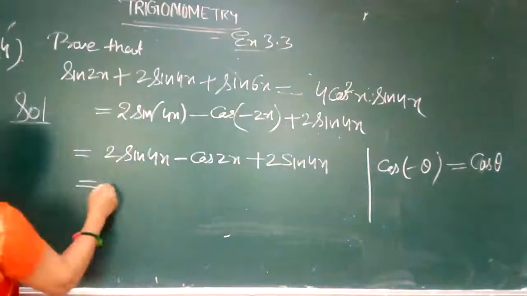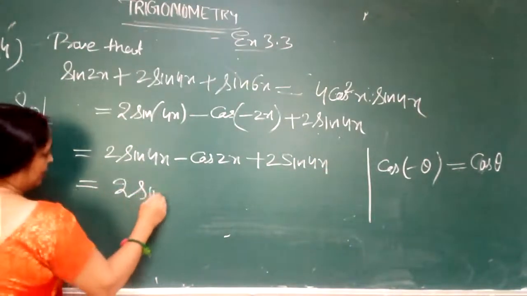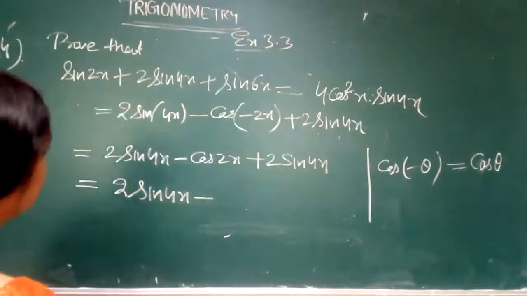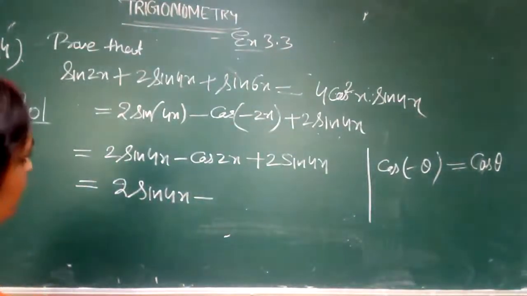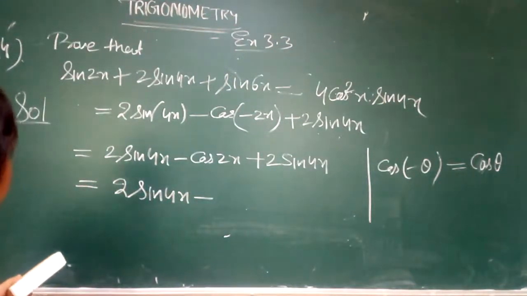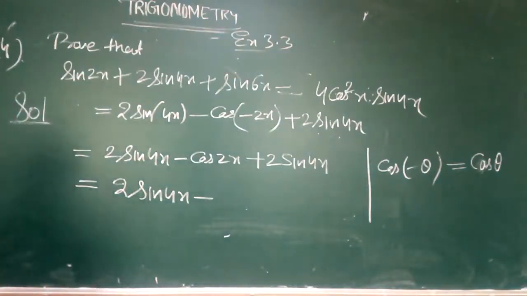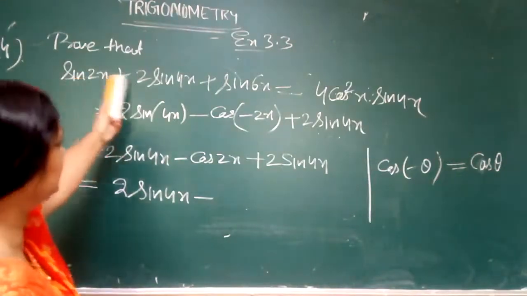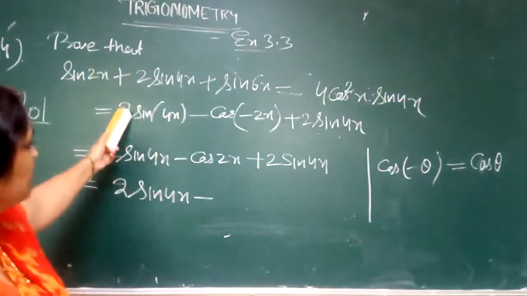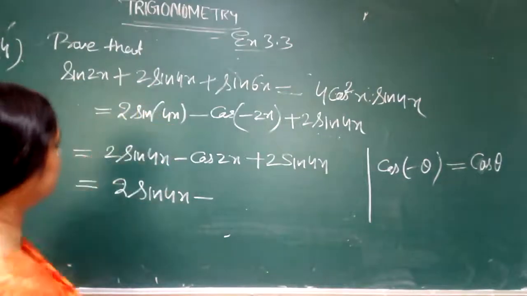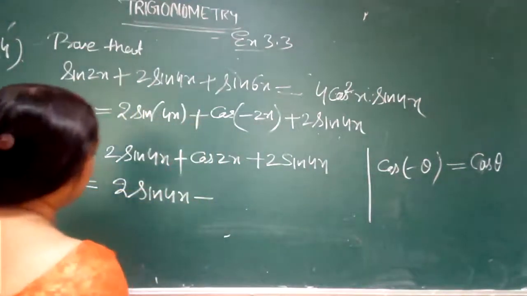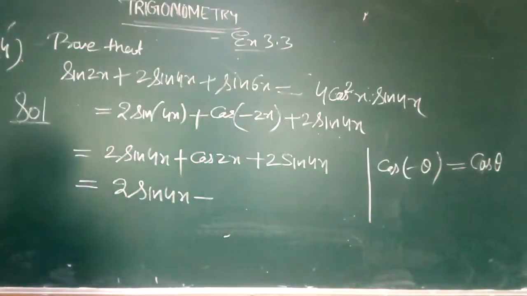After that we can write this step in this form, 2 sine 4x minus that term. Which term is coming here? We are using the formula sine C plus sine D, plus sign here, plus cos C minus D by 2.